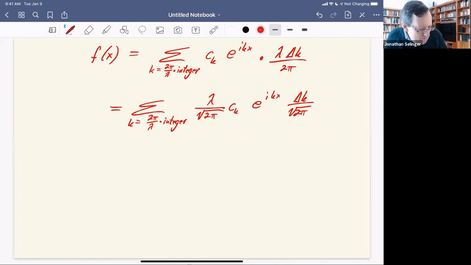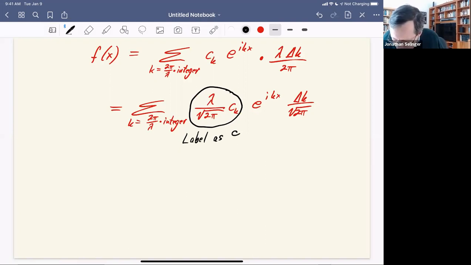Now let's take this combination right here, lambda over root 2 pi times c sub k, and give it a new name. I will label it phi of k.